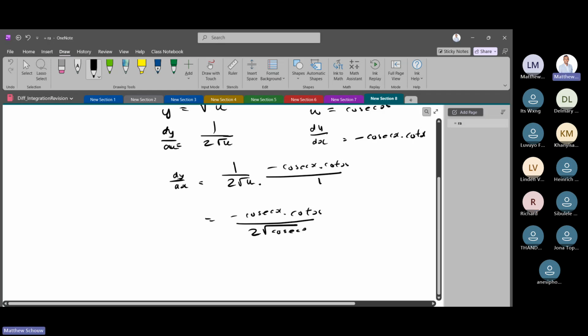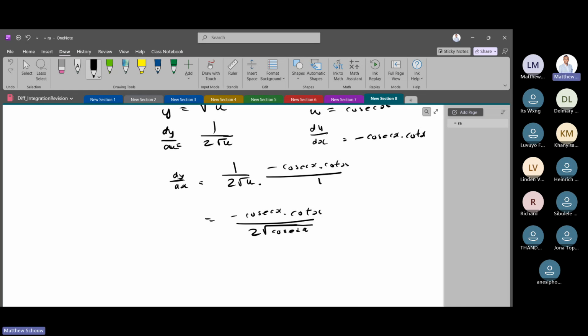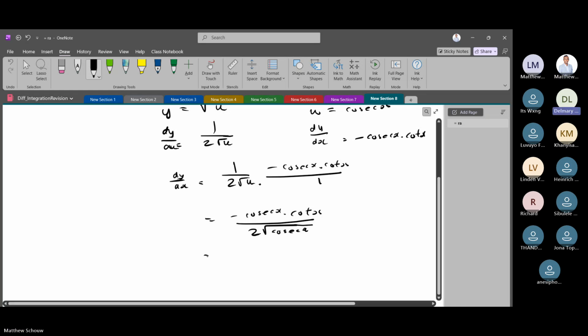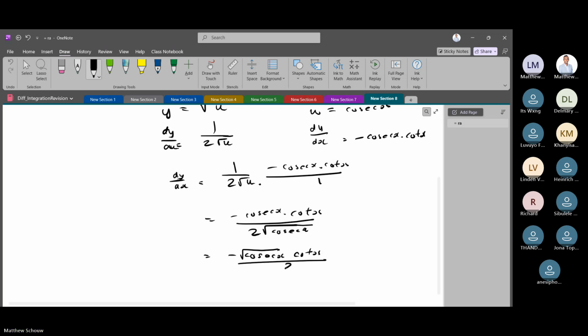Now, if you really want to be cute, this is to the power half, that's to the power 1, am I right? Then this will be cosec x to the power half on top, cot x divided by 2, and then you're done.